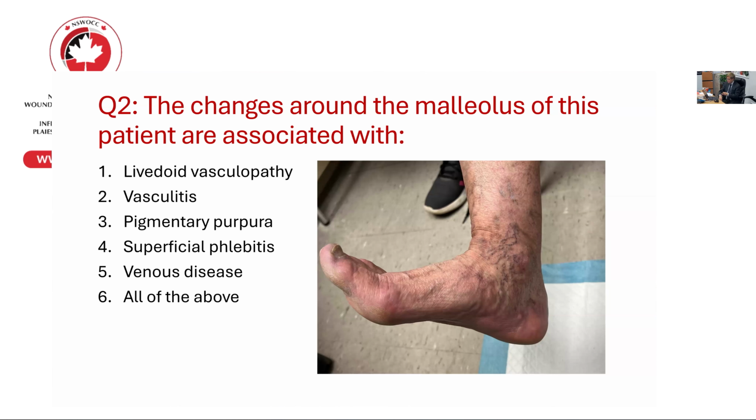So if you close your eyes, you can feel the spots and you see hemorrhage in the center. Pigmentary purpura is non-palpable, and it's diffusely down the lower leg. Superficial phlebitis is when you touch a prominent superficial vein and it's painful. And the superficial phlebitis can be associated with deep phlebitis in some patients. Okay, let's look at the next one.